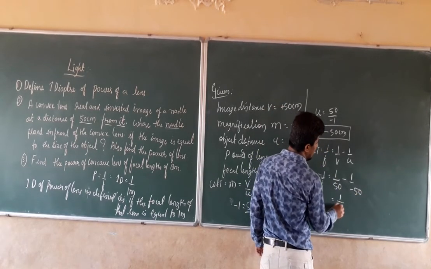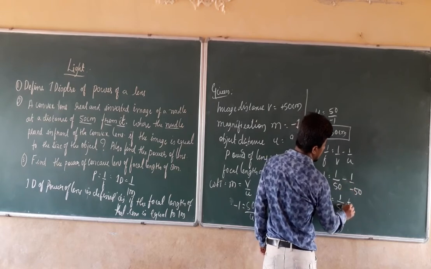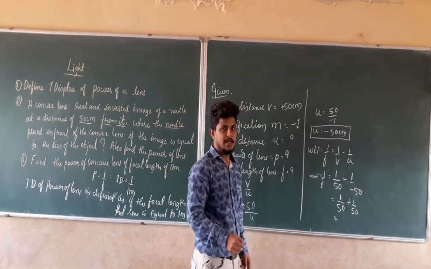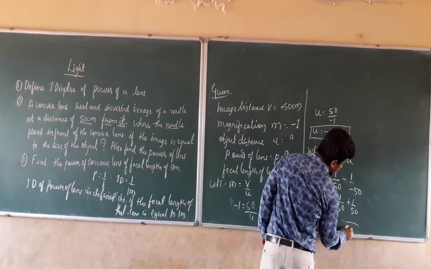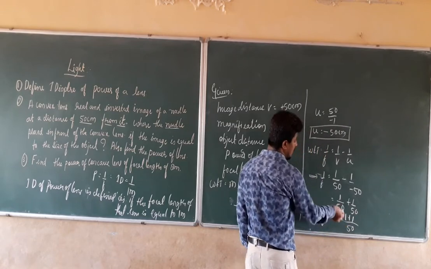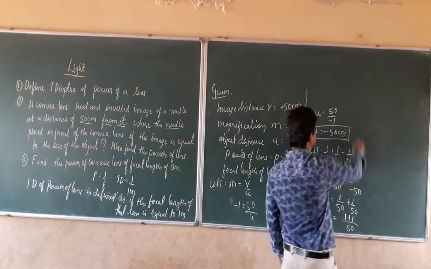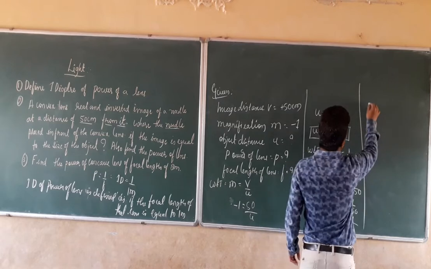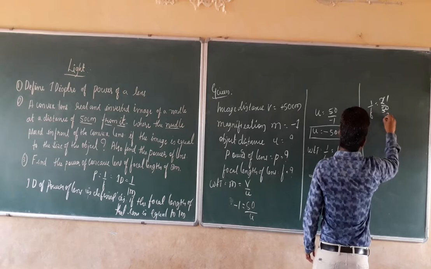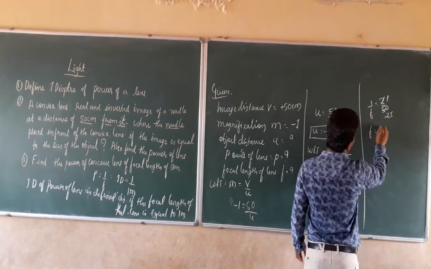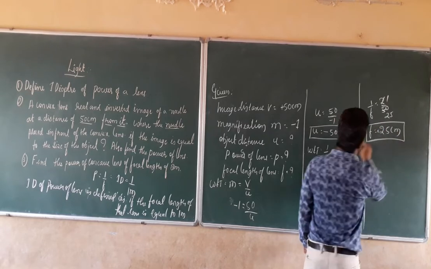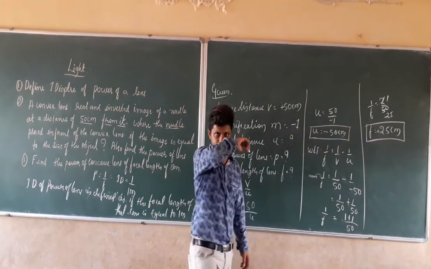That equals 1 divided by 50, minus into minus plus, 1 divided by 50. The LCM is 50, so 1 by f equal to 1 plus 1 divided by 50, that is 2 divided by 50. Therefore f equal to 25 centimeters, f equal to plus 25 centimeters.